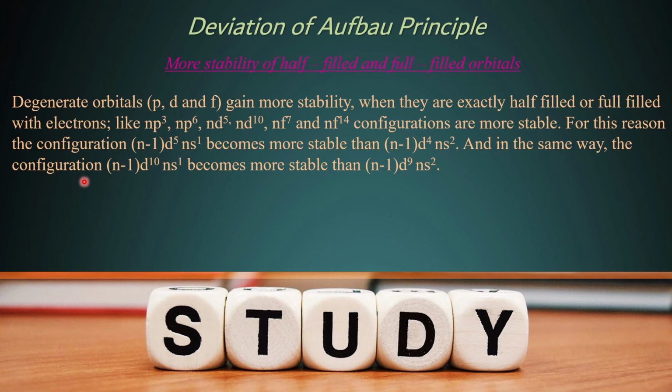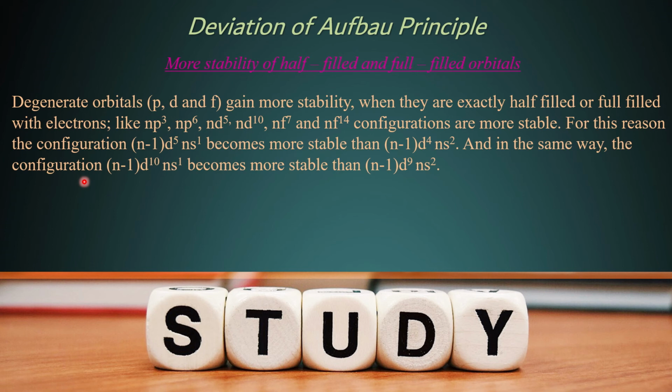For example, the p orbital has a total of 6 electron holding capacity. So p3 is half-filled and p6 is full-filled. So np3, np6, nd5, nd10, nf7 and nf14 configurations are more stable than others.